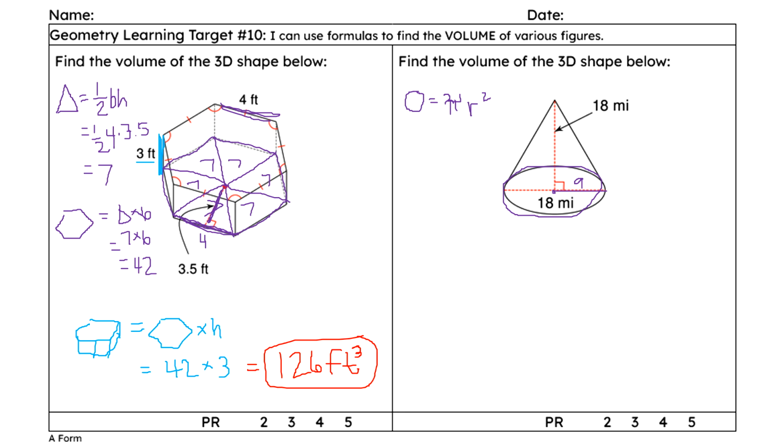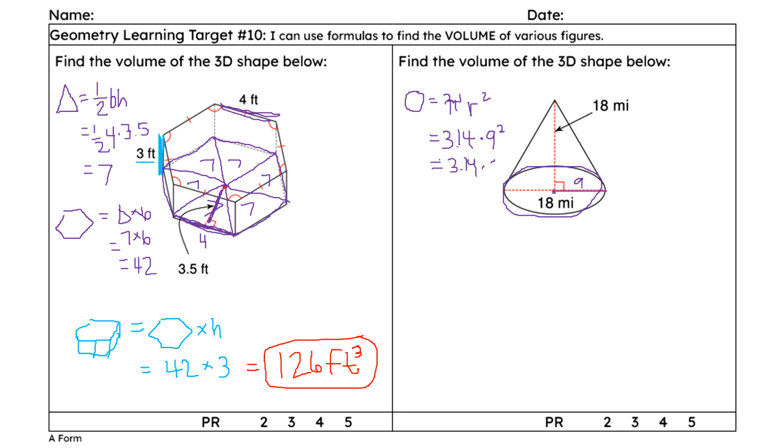So the area of the circle is going to be pi, which is 3.14. Started writing 3 above, that's what that was. And then I'm going to multiply that by 9 squared. So 3.14 times 81 will approximate the area of the circle at the bottom.